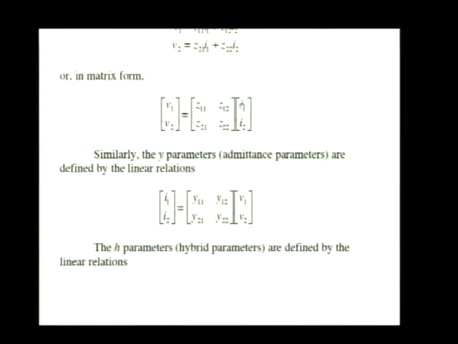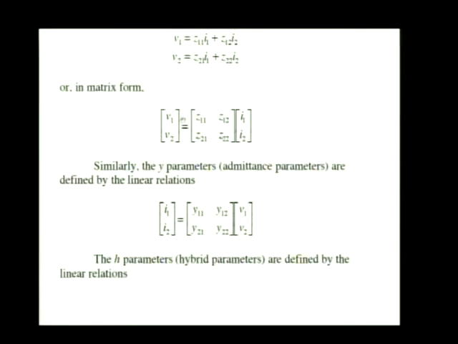There's the matrix form of that same set of equations that I've written up above, where you can now define a Z parameter matrix. You can do the same thing solving for currents as your unknowns in terms of voltages as the known quantities to end up with the Y parameters as shown here.